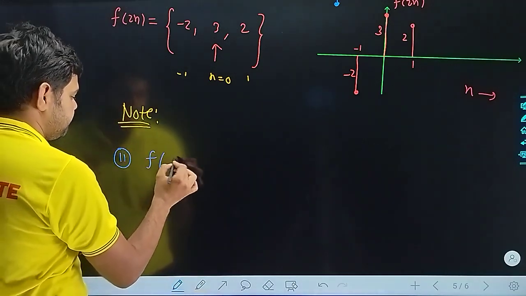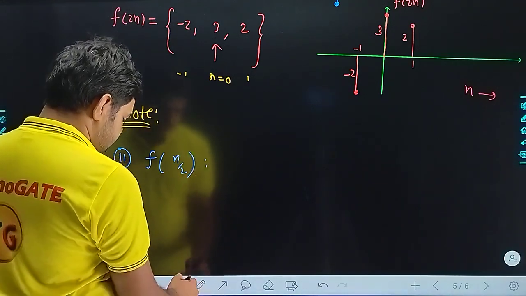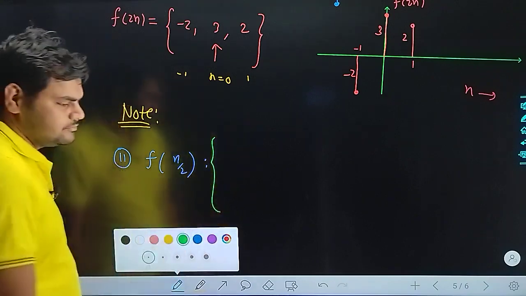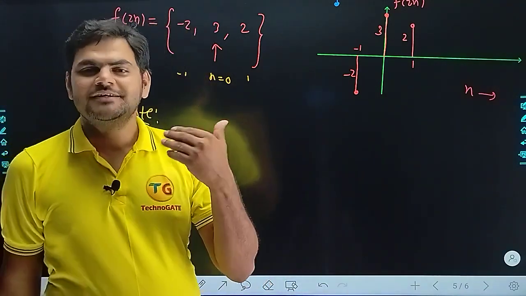Suppose I am doing f of n by 2. Guys, in the graph what we have to do? A similar approach that we have also discussed in the continuous time.